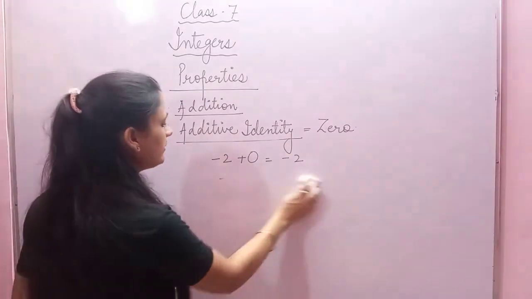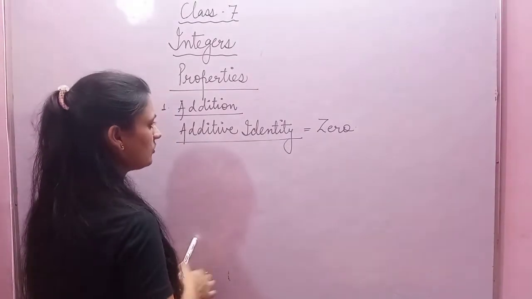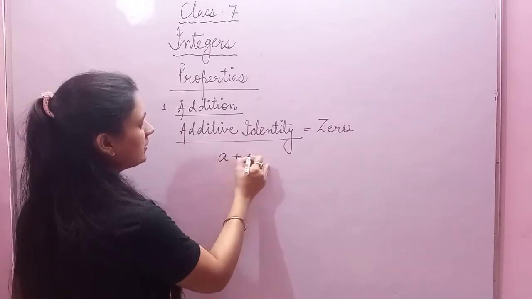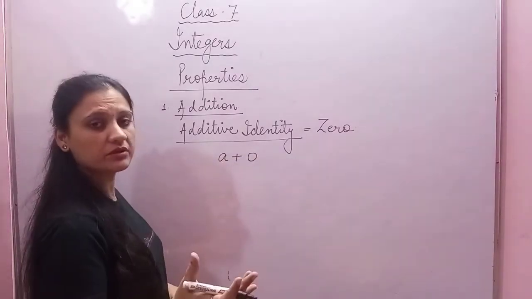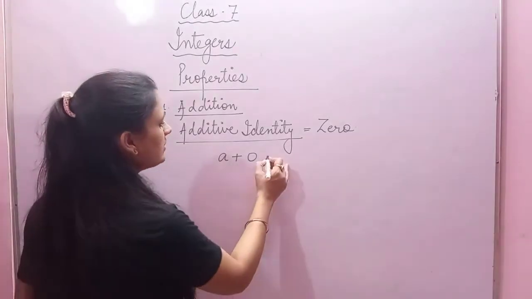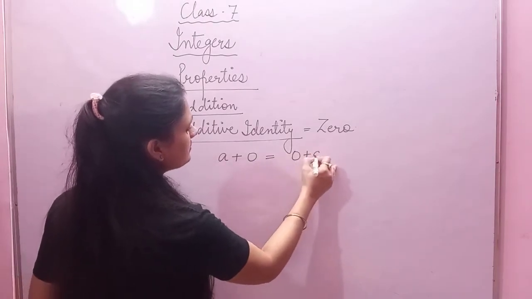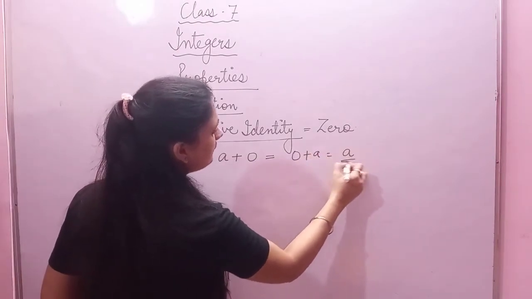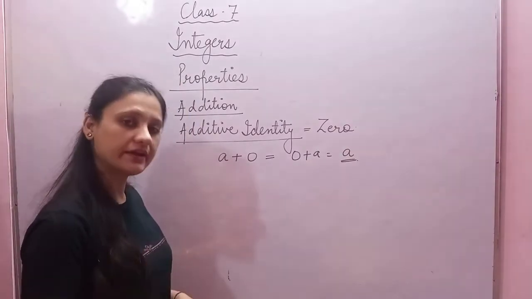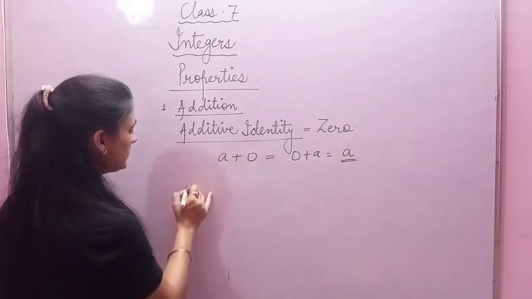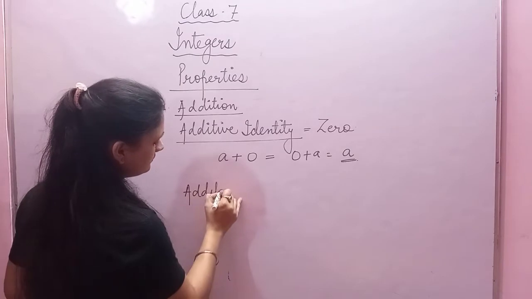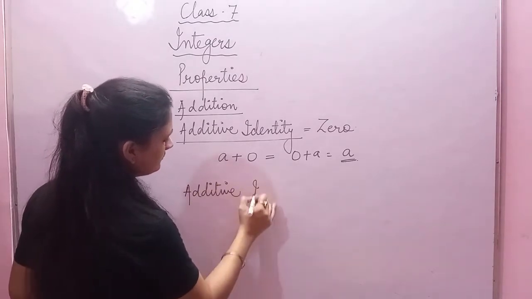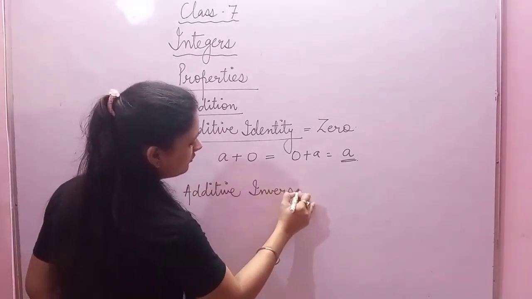What is the additive identity? That is 0. Means when you add any number with 0, the answer remains the same. Means 0 plus this, the answer remains the same. This is additive identity. Next is additive inverse.